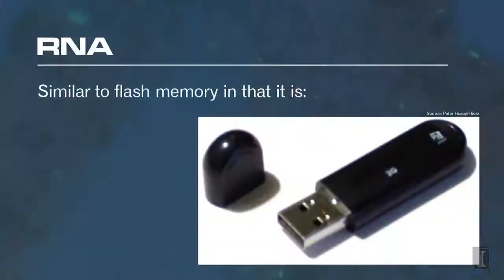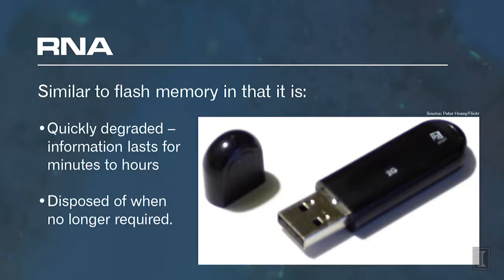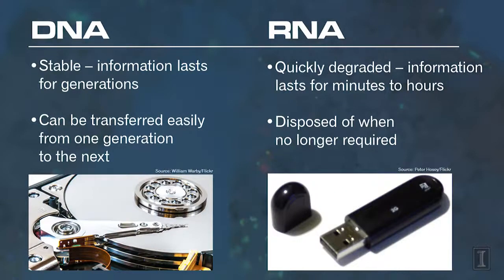The RNA is less stable, and I want you to think of that as being more like flash memory or RAM in your computer. You can create it on the fly, it's used for a while, and then when it's no longer needed, it's sort of flushed away like that. So the DNA is sort of long-term memory. The RNA, the mRNA, and other forms of RNA inside a cell are more short-term memory.